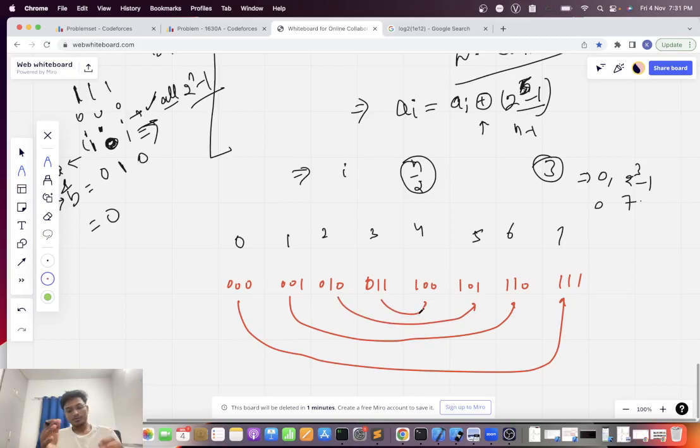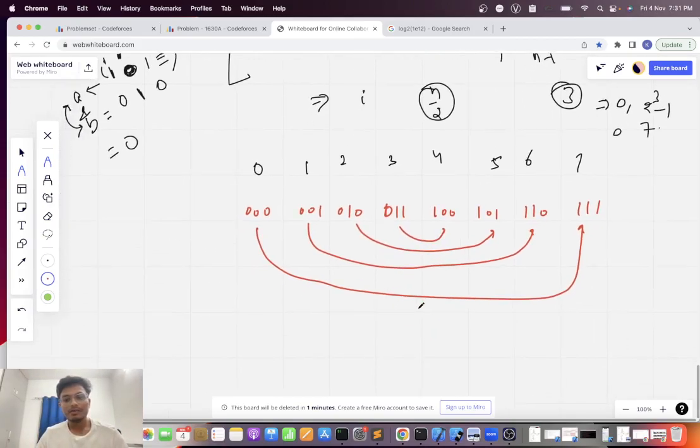Okay, so now I need to know about k. Let's say k can be 0. If it is 0, I know I'm just pairing up the first with the last one, and the second with the second last, third with third last.